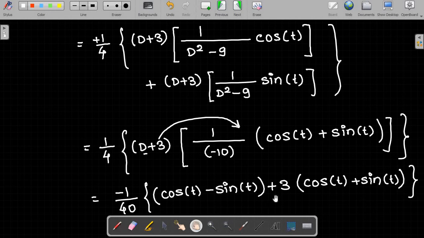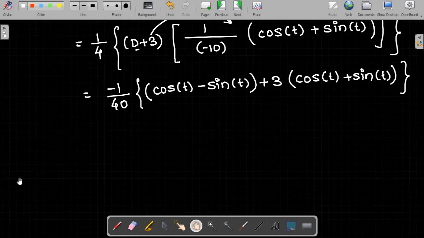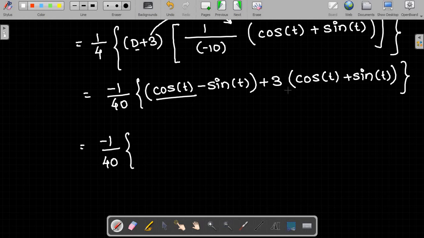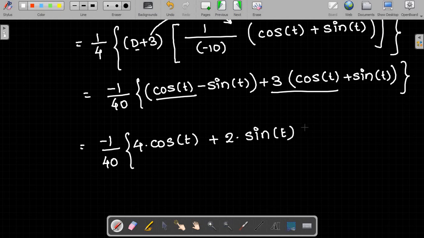If we simplify this, it is equal to minus 1 upon 40 into cos t plus 3 times cos t, that is 4 times cos t plus 2 times sin t. So this is your particular integral for variable x.